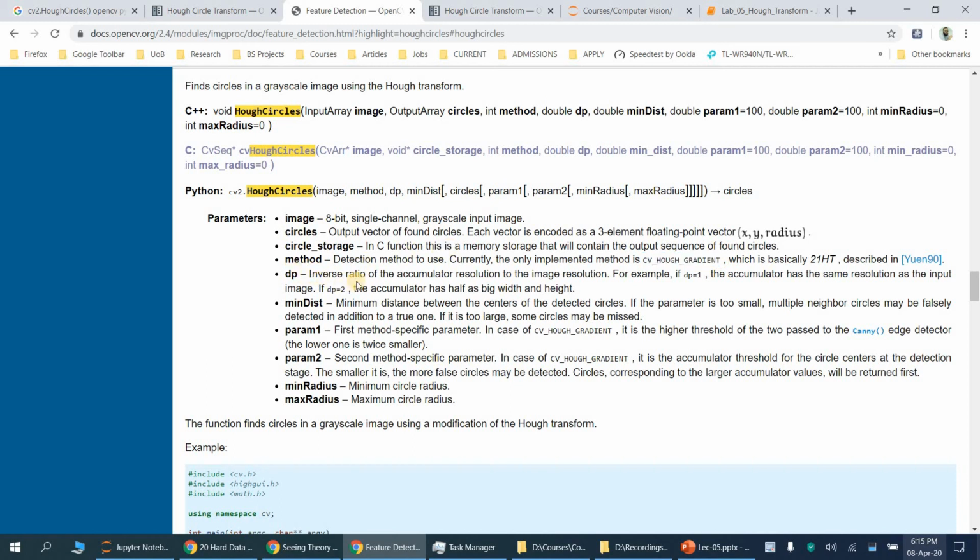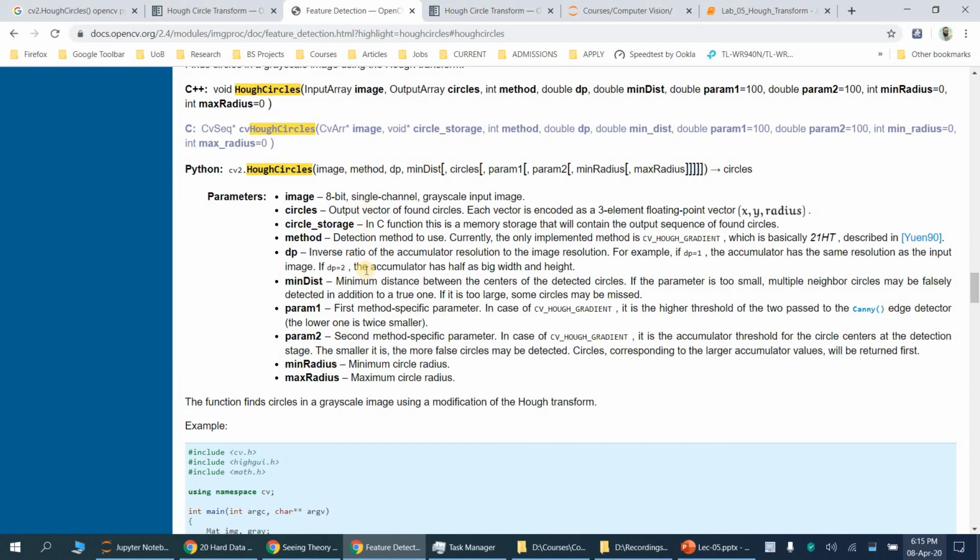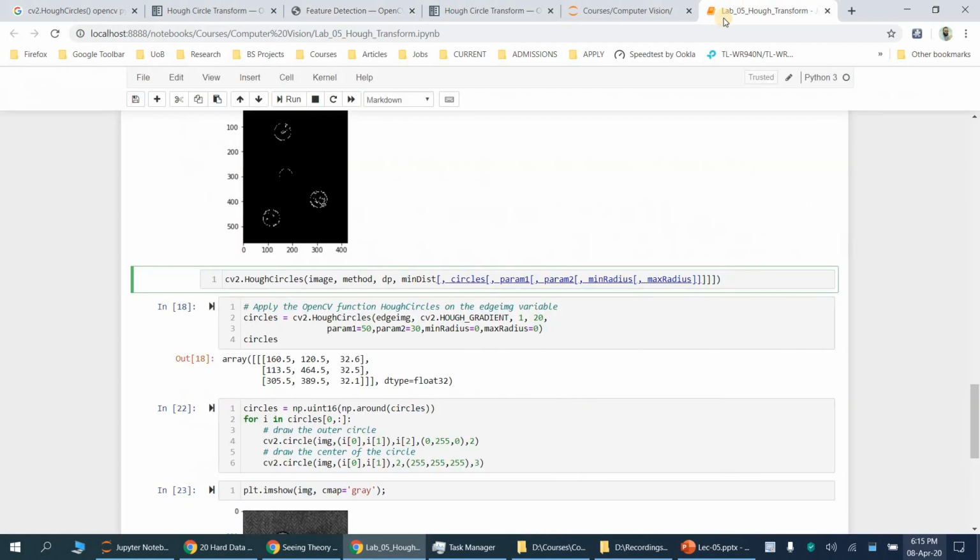DP is basically the inverse ratio of the accumulator resolution to the image resolution. This is something constant, and we also don't disturb it. We will keep it at 1, I think. So it's 1 over here, okay.